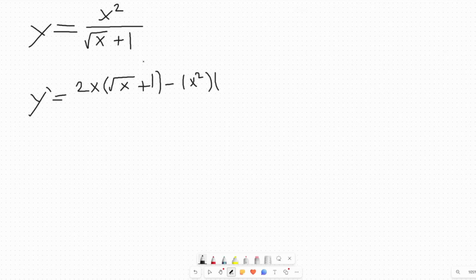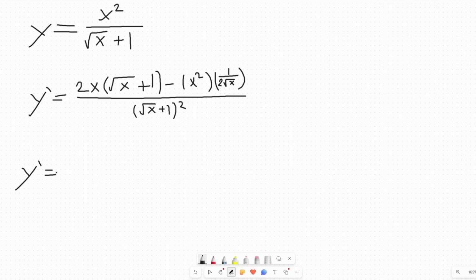So now g prime is 1 over 2 root x, as the simplified version of the derivative of root x. Remember, derivative of a constant is just 0, so the 1 goes away. And then over root x plus 1, squared. Oh, that's a bad bracket. Squared. All right, so this is the framework of it. Now, all you need to do is simplify.